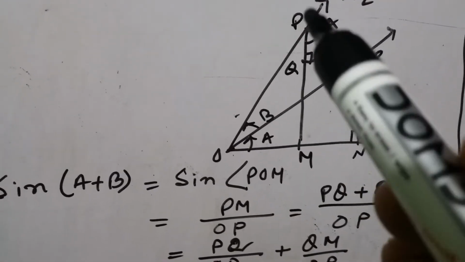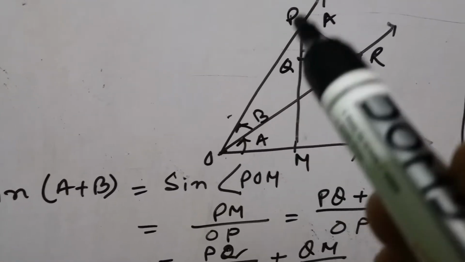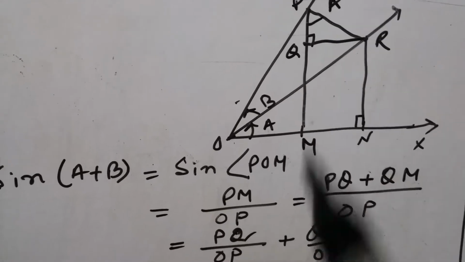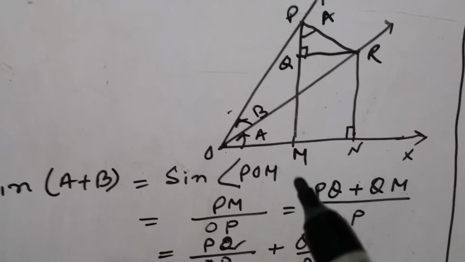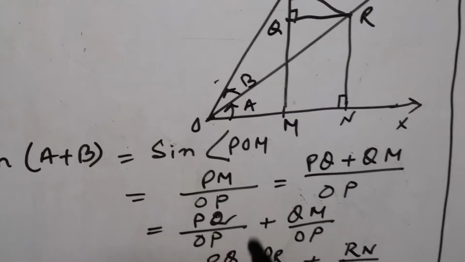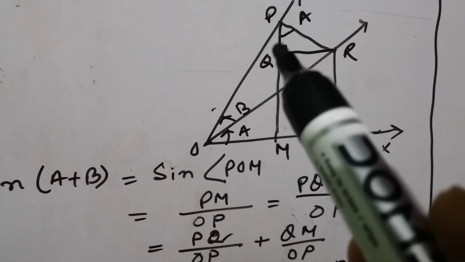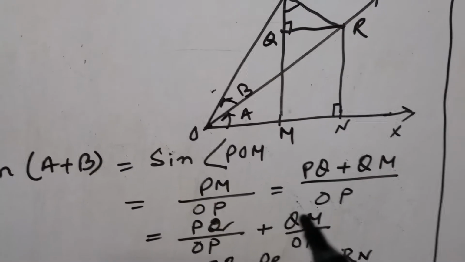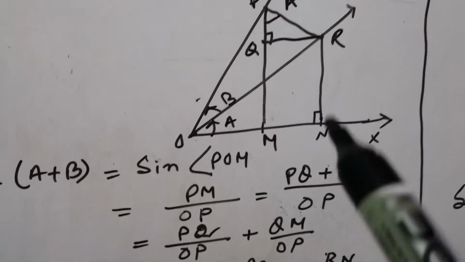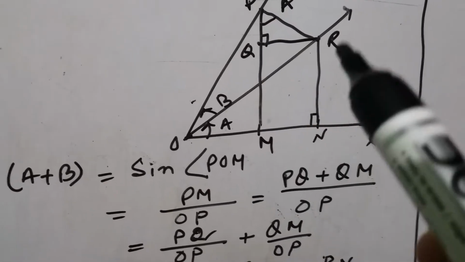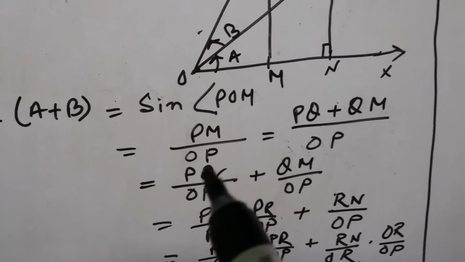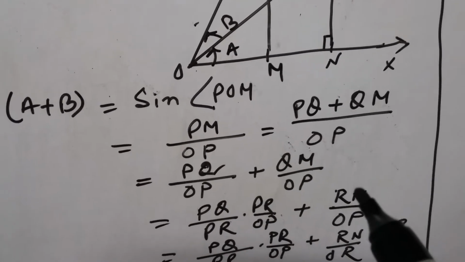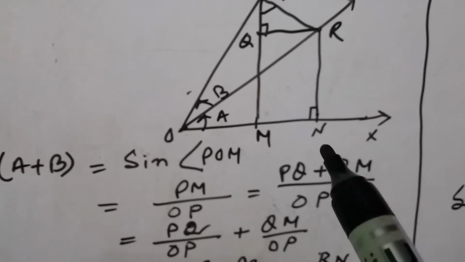is equal to sin POM, this angle. Okay, so PM by OP, perpendicular by hypotenuse. PM equal to PQ plus QM by OP. QM is equal to RN.